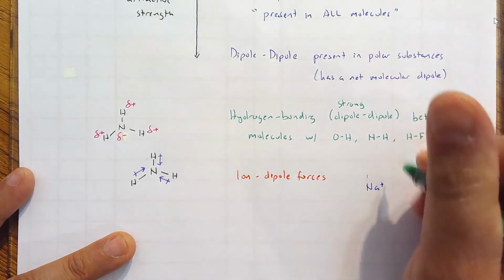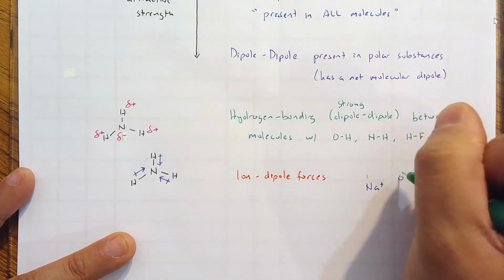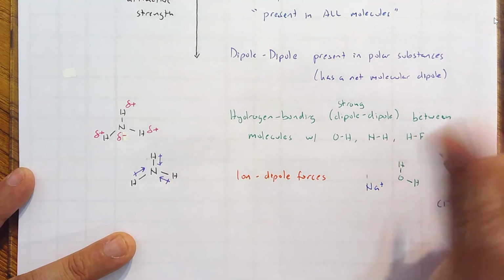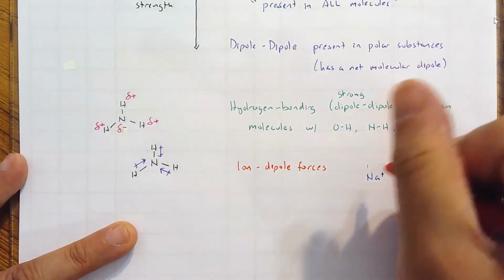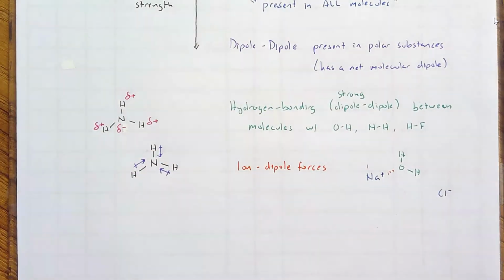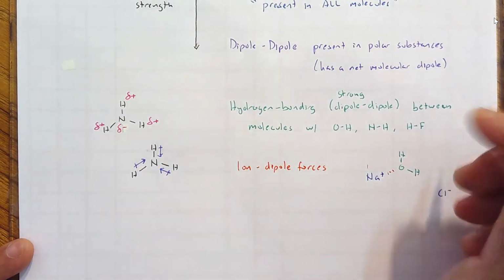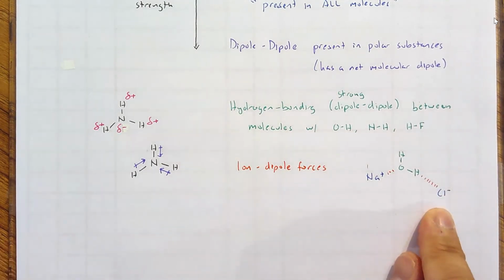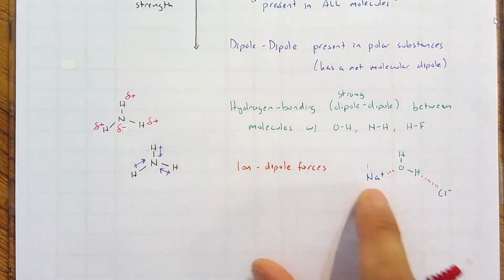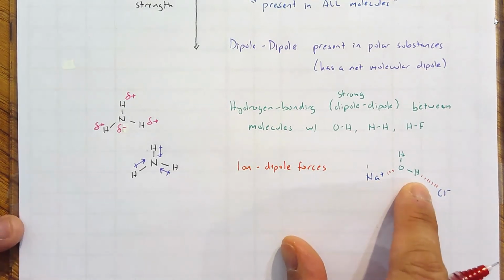Let's do it in green. Because oxygen is the electronegative atom, the O is attracted to the positive sodium. But in the chloride's case, H is partial positive and it's attracted to the negative. So it's truly ions, and then we have partial charges.